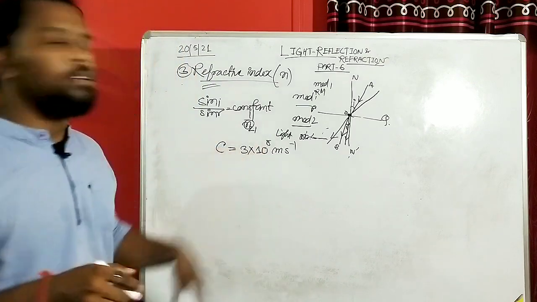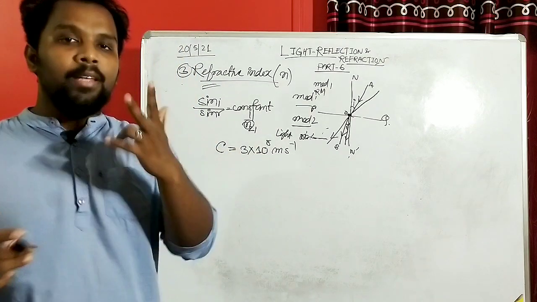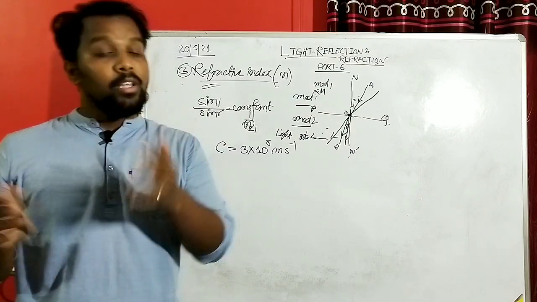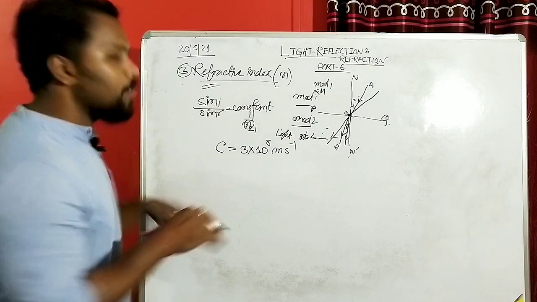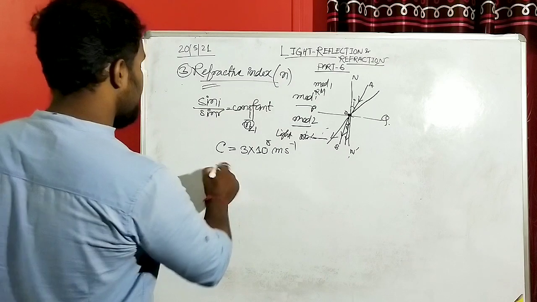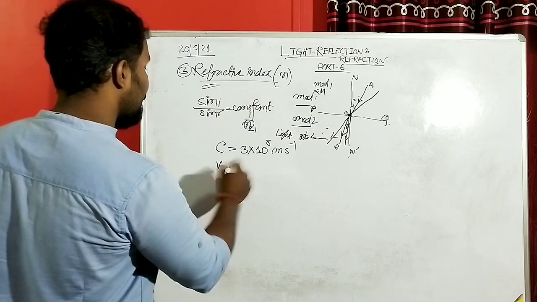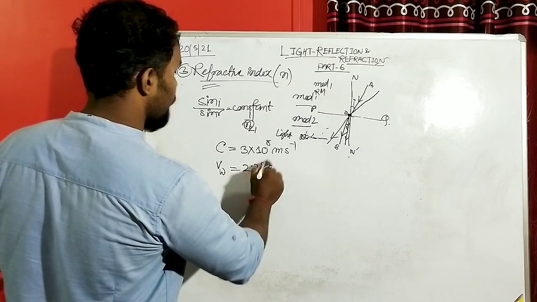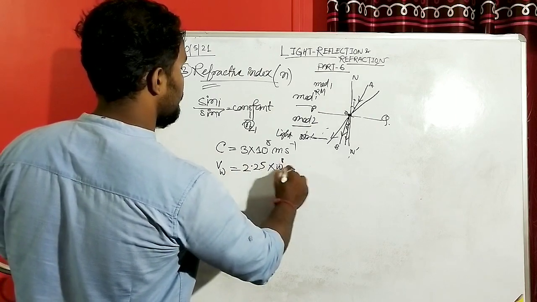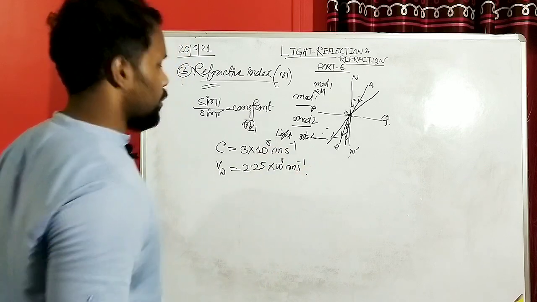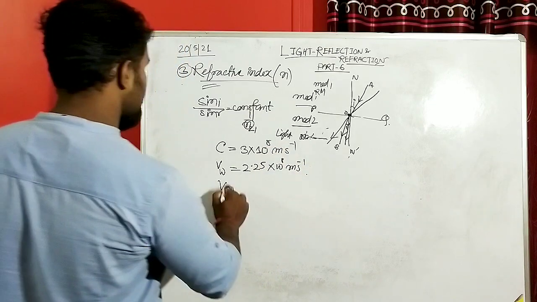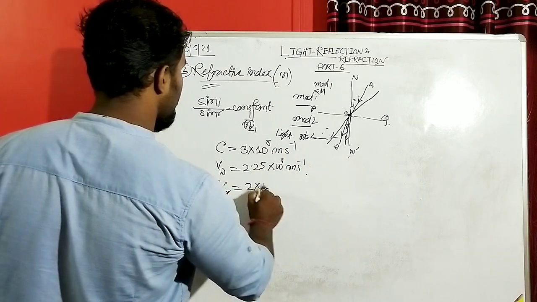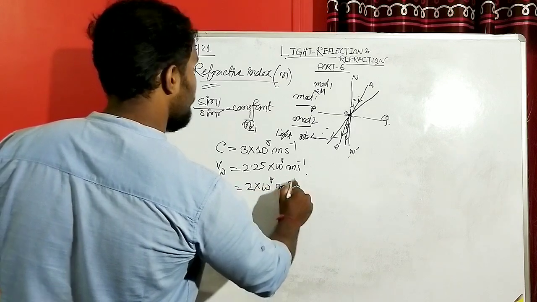So similar case here. We consider two main media that are going to be needed in this lesson, glass and water. In water, the velocity of light is going to be, do you know how much? 2.25 into 10 to the power 8 meter per second. And for glass, the velocity is almost 2 into 10 to the power 8 meter per second. You can actually calculate this.